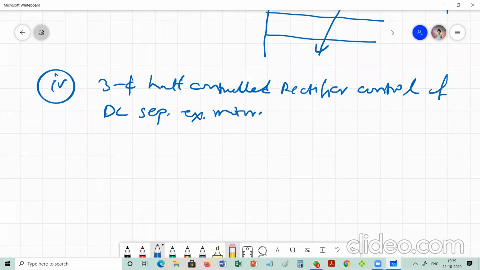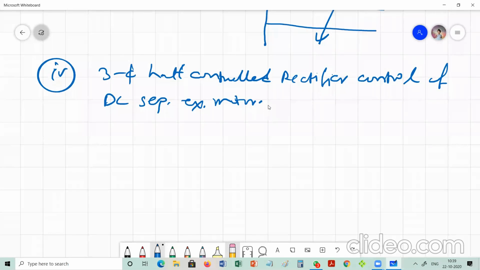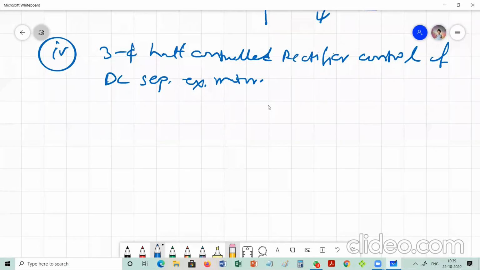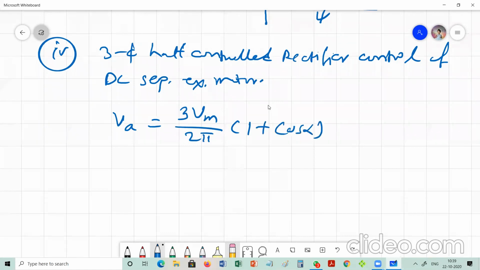This is the last drive fed by the rectifiers. The voltage equation for this drive is Va = 3Vm/(2 pi) into (1 + cos alpha).